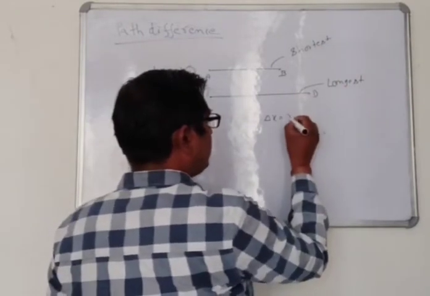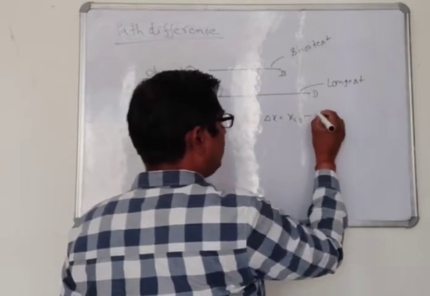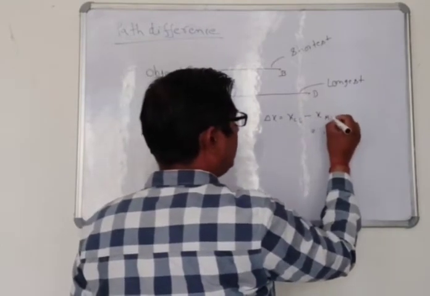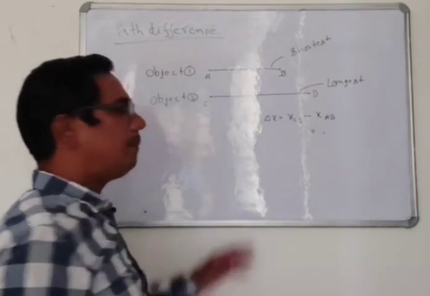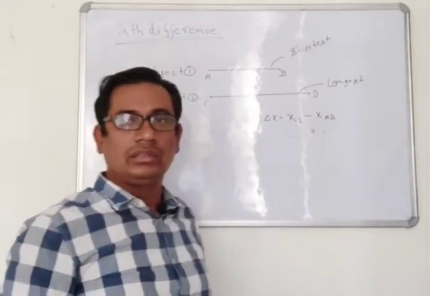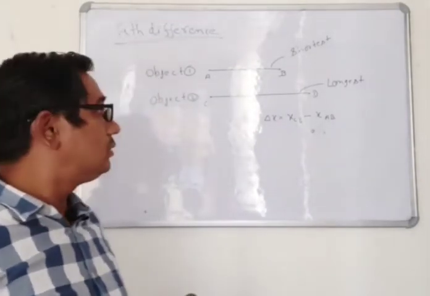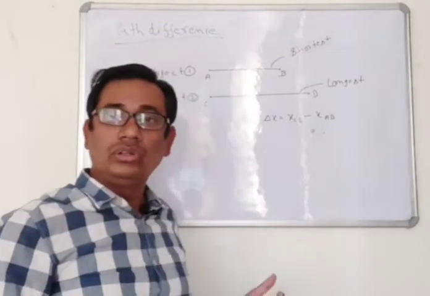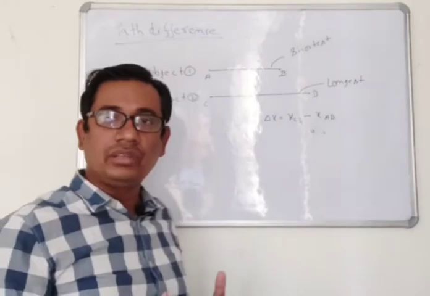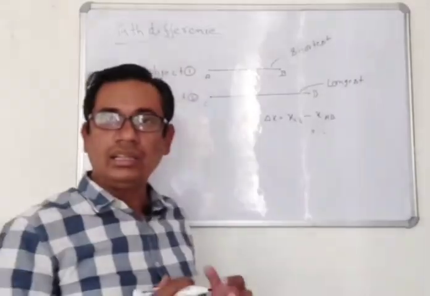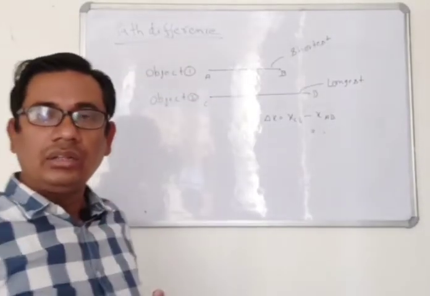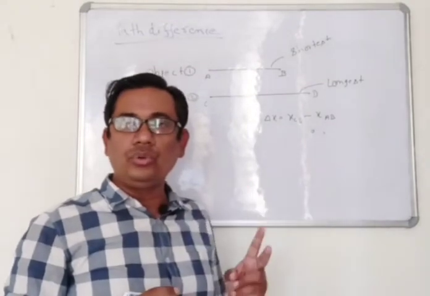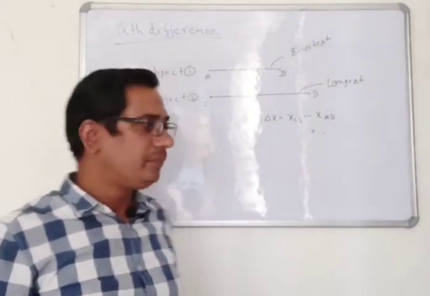Now the distance CD minus distance AB is known as the path difference. But you can also show the path difference by a geometrical method. In the geometrical method, you will apply two rules.